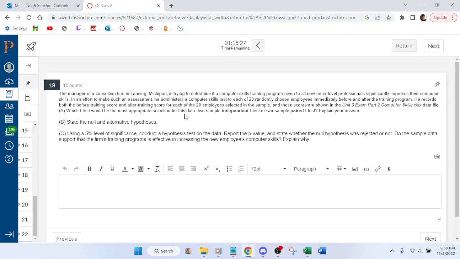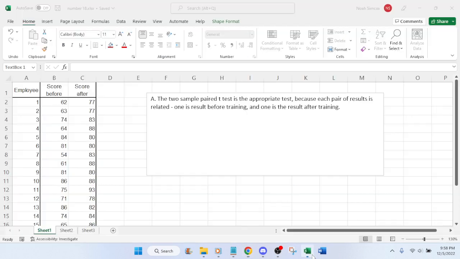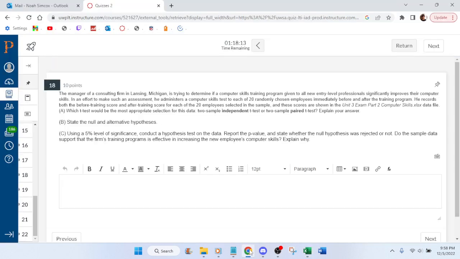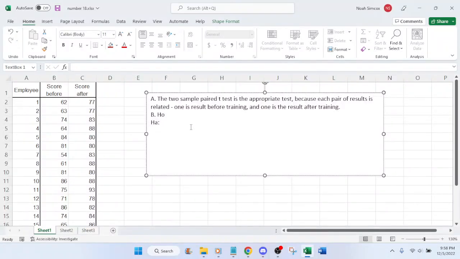B, state null and alternative hypotheses. Okay, so B, H0 and HA. So the alternative hypothesis is that it improved the scores. So basically the mean of score.